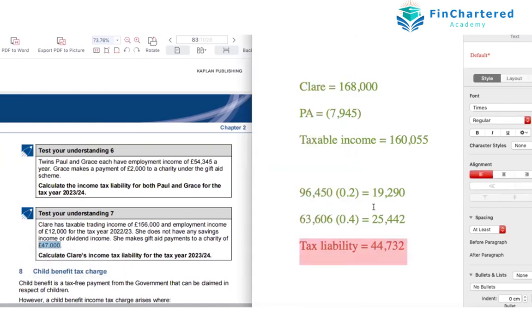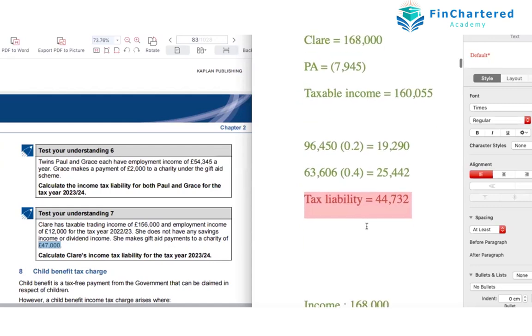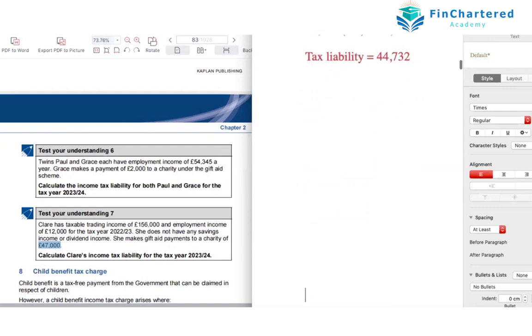For a second, we will assume that this lady made no charity. How much tax would she pay in that case? First of all, what would happen to her entire personal allowance? It would go. No personal allowance. So again, step by step, we're just assuming that she did not make a charity. So all of you look very carefully.